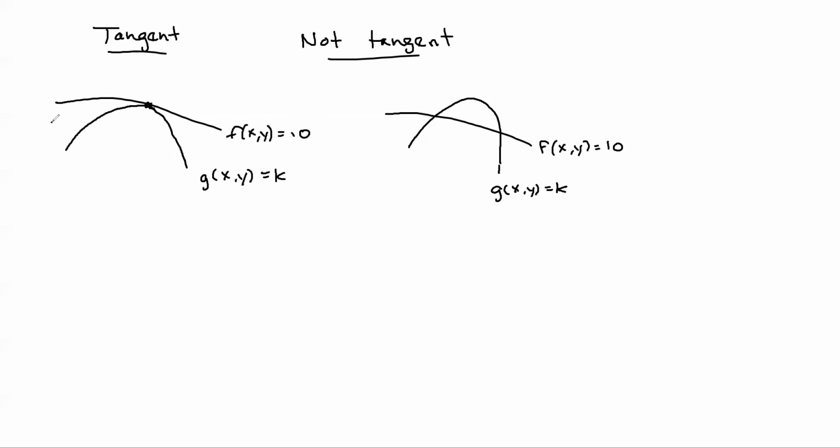So it'd probably look like, hold on, let me try that one again. So this maybe is f of xy equals 9. And then over here is f of xy equals 11.